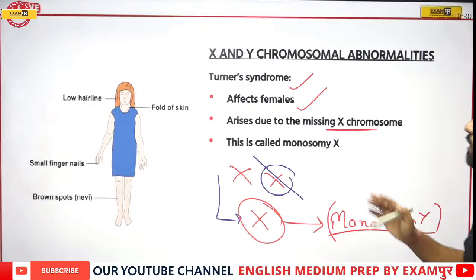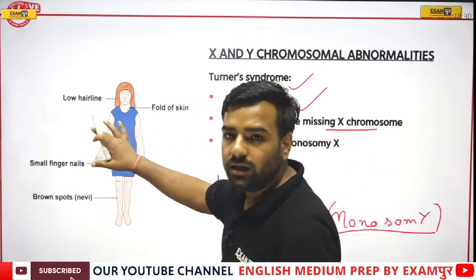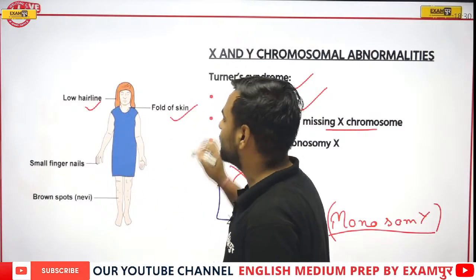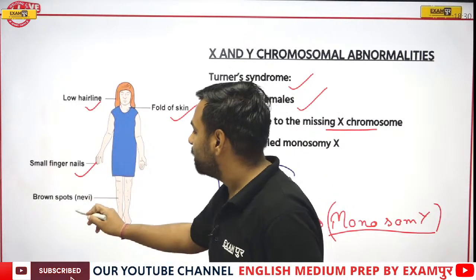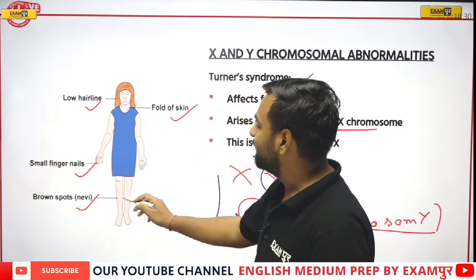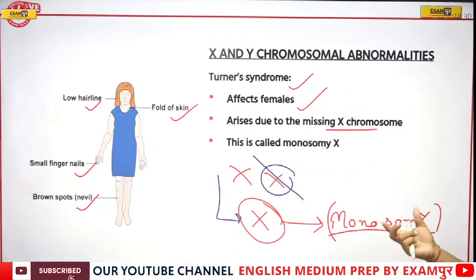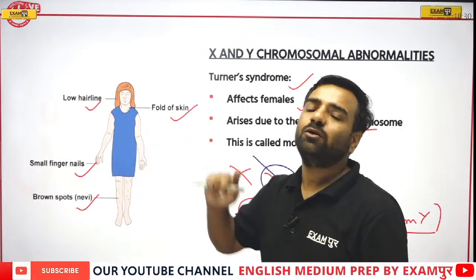Now what will happen in this condition? Just have a look at this girl where there is a low hairline, there is a fold in the skin. Apart from that, there are small fingernails, then there are brown spots. So these brown spots, small fingernails, low hairline, fold of skin, all these issues may come when there is a single chromosome.